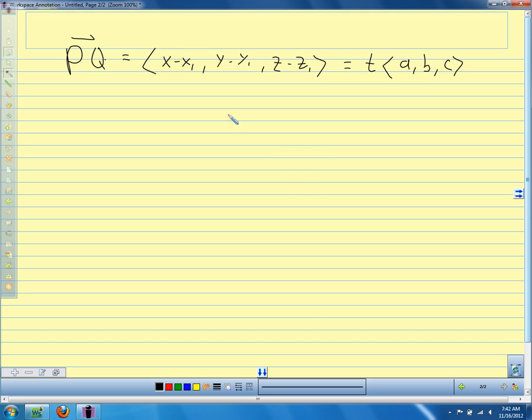And what we're going to do now is equate components. So if we equate components and rearrange just a little bit, I get that x equals x1 plus at, y equals y1 plus bt.